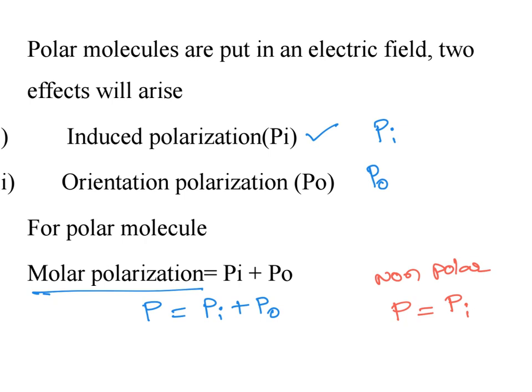And in the polar molecule case, along with the induced polarization, there is another term which is coming, orientation polarization, because the polar molecule is having permanent dipole moment. Now in this case we have to consider orientation of the molecule. In the non-polar case, the dipole moment is 0, only we are taking induced polarization.